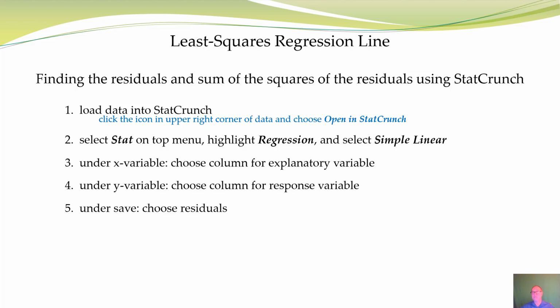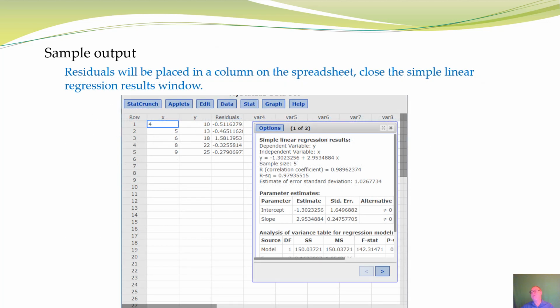We want the computer to automatically calculate the residuals. So click Compute. Now this would be your output. You will get this normal output of statistics here, but you also get the residuals put into your spreadsheet. So right here would be your residuals.